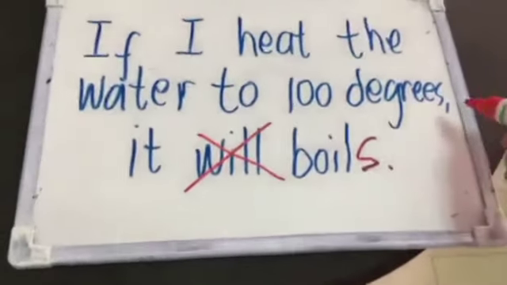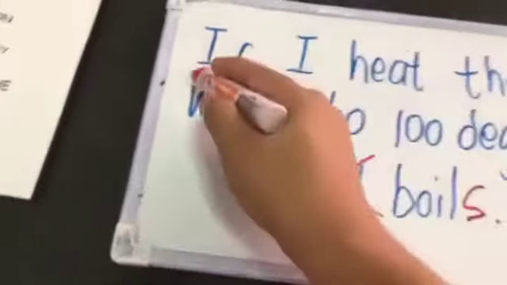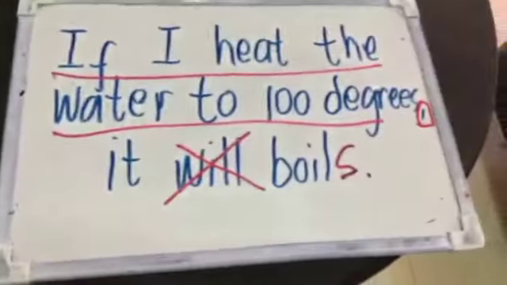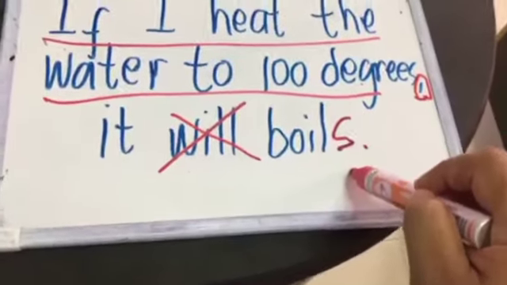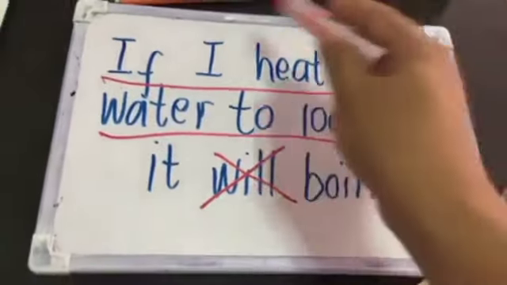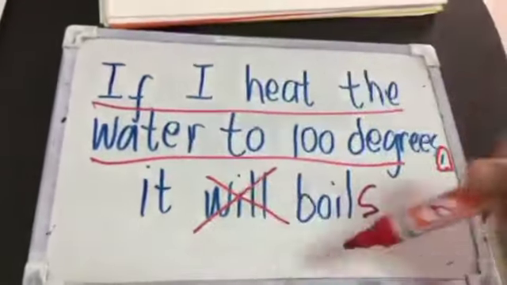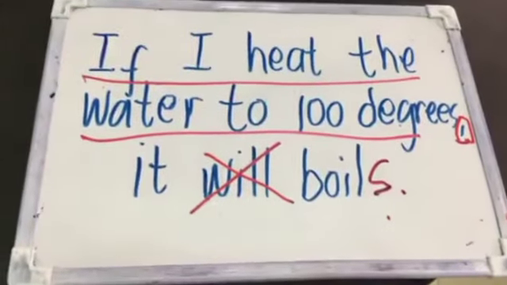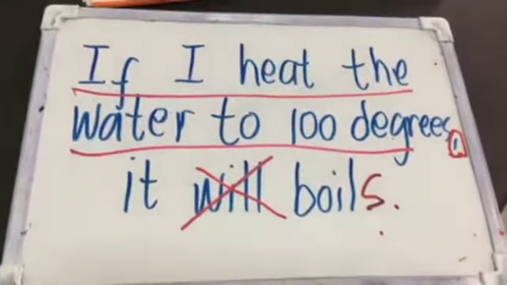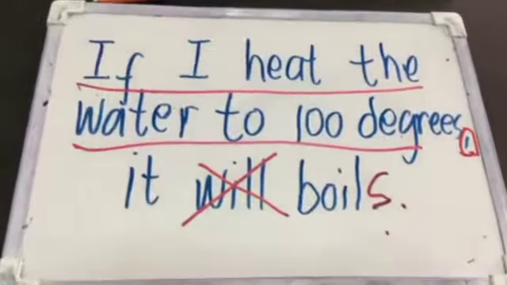Please take note of the comma, because if you start with the if clause, you should have a comma to separate it from the main clause. Okay? So this is how we correct it. So why is it this way? That's what we're going to learn after this one. Okay? All right.